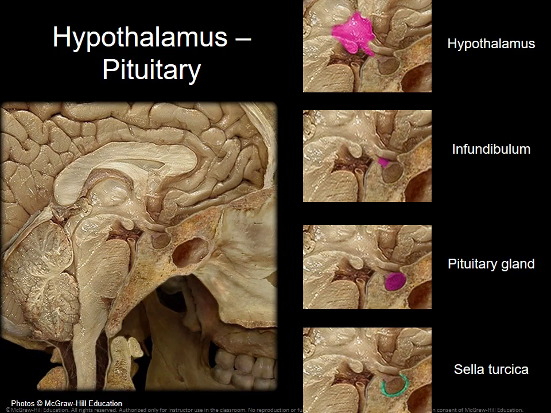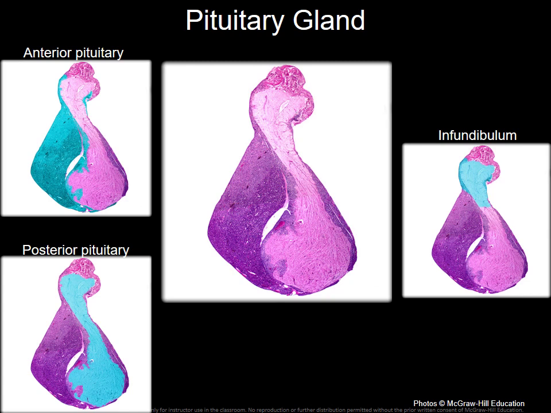Here we see on a cadaver the appearance of the hypothalamus, again this funnel-shaped region right here, stalk-like infundibulum, which leads to the pituitary, which is nestled in that sella turcica, nicely protected again by the sphenoid bone. Here we see the histology of the pituitary gland, and it's really quite distinctive under the microscope.